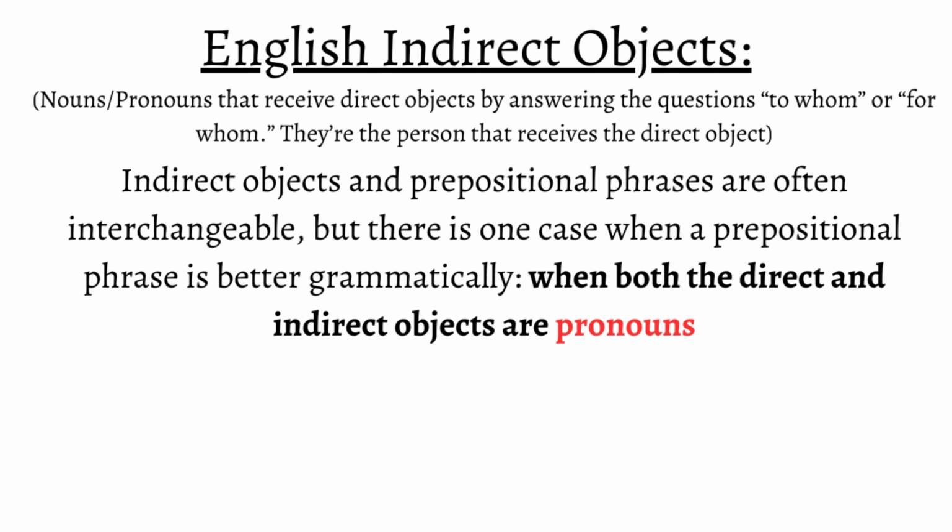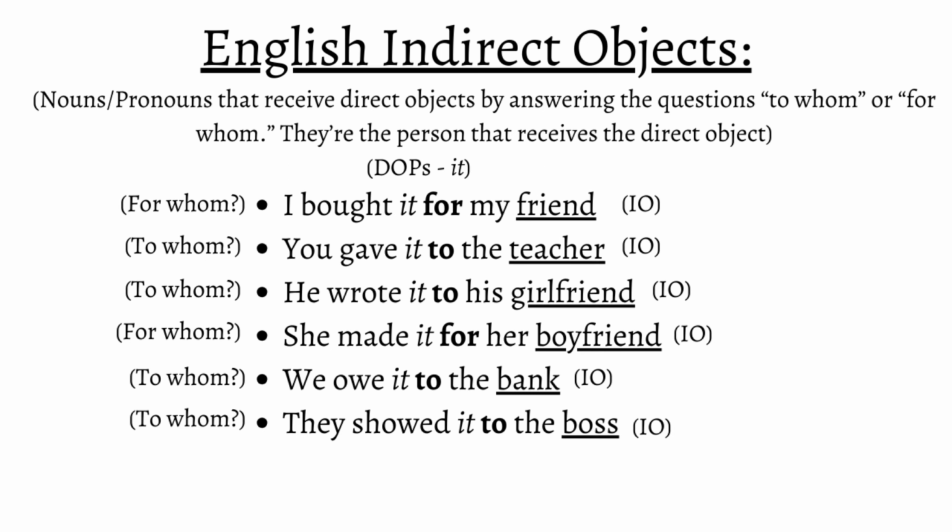Moreover, indirect objects and prepositional phrases are often interchangeable, but there is one case when a prepositional phrase is better grammatically, when both the direct and indirect objects are pronouns. In the beginning, I showed what happens when direct object nouns are used with indirect object nouns, and grammatically, not much happens.